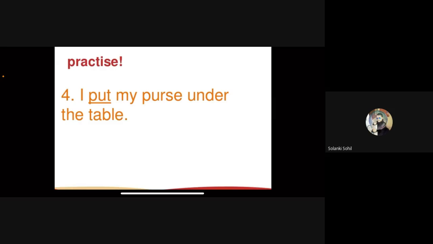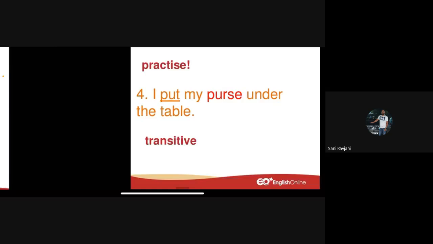Purse. So, which kind of verb is it? Transitive. Transitive, of course. I put what? My purse. So, a direct object is there, so it is transitive. See?